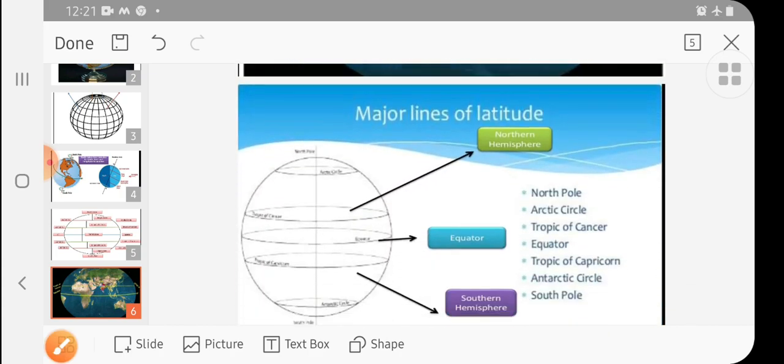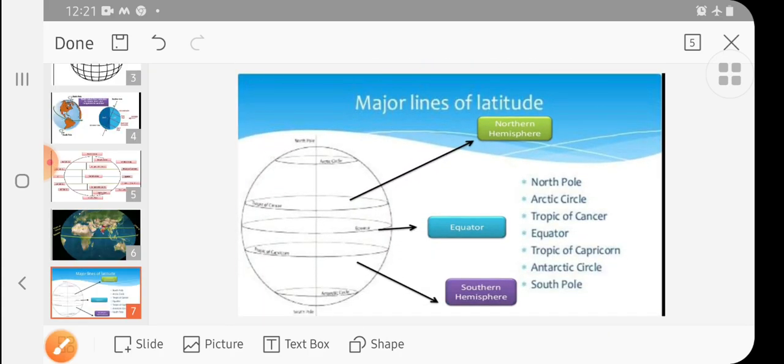Got it? Now, other major lines of latitude. Remember this diagram, you generally discussed it in your 6th class, but I know that it is very far back and you forgot. So once again we discuss this diagram. The major lines of latitude: the equator, very easily visible, then in the northern hemisphere the Tropic of Cancer, and in the southern hemisphere the Tropic of Capricorn.